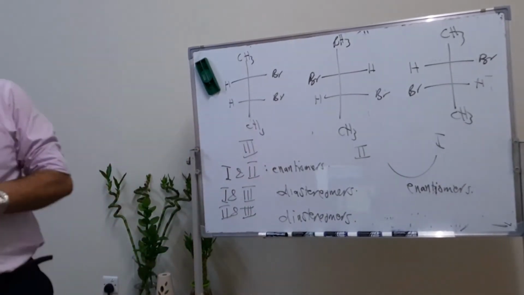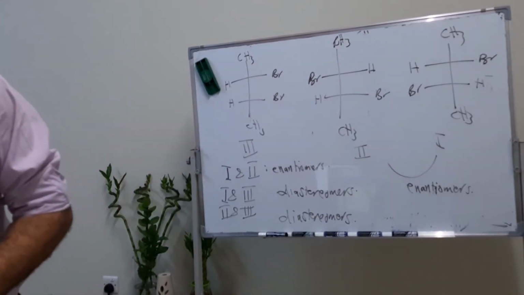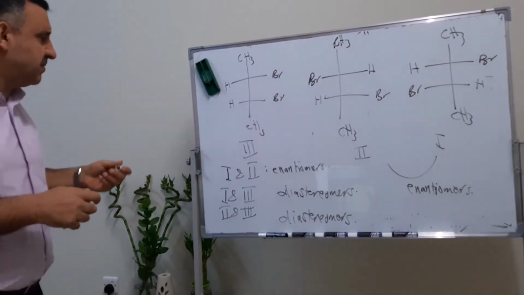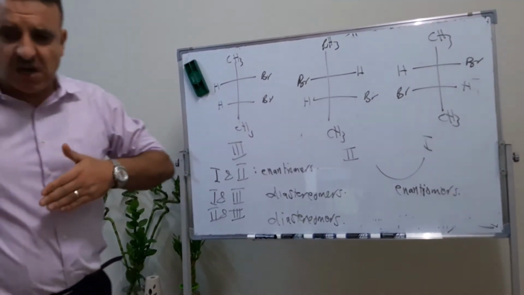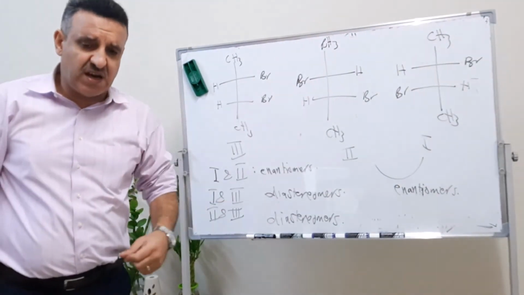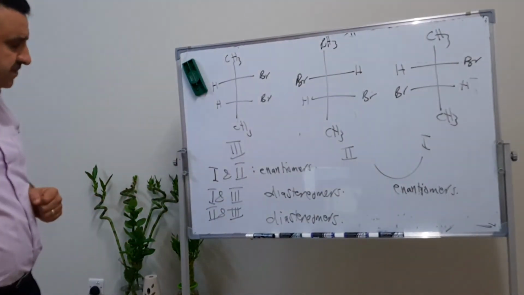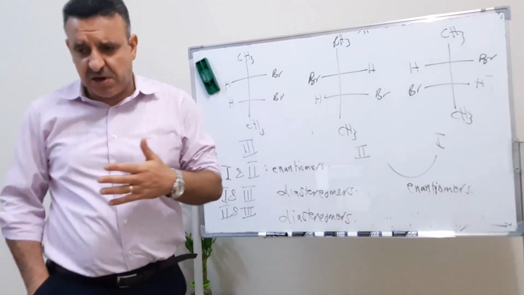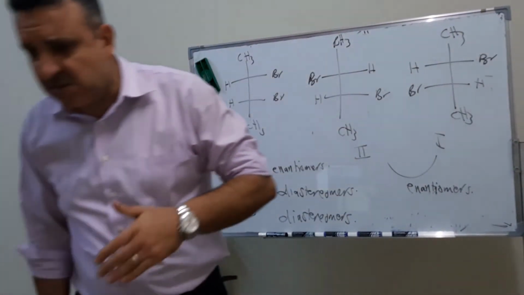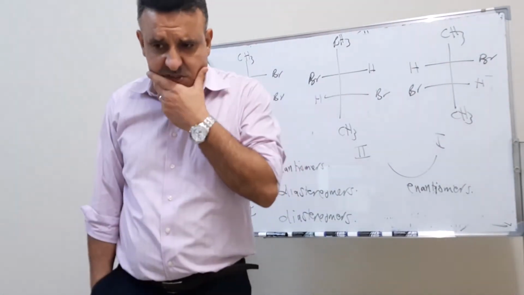That's always the case here. If we do have stereoisomers which are not enantiomers, then definitely they are diastereomers. Do you follow me? That's all actually about stereoisomers, enantiomers, and so on and so forth.